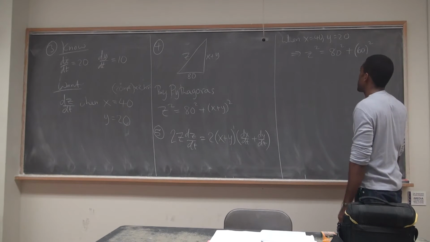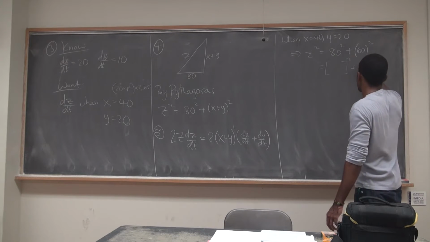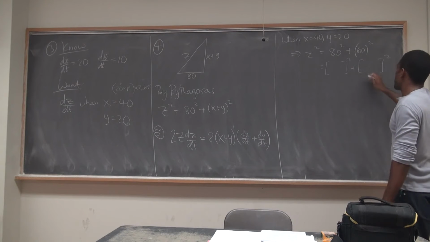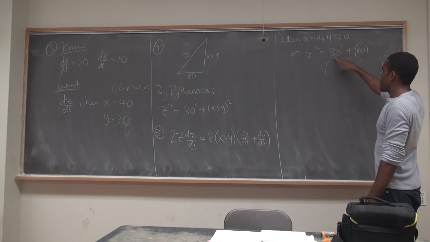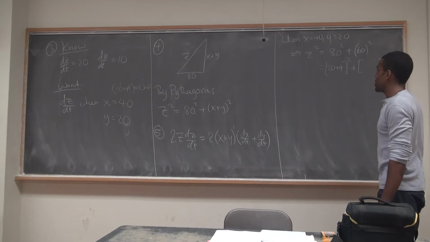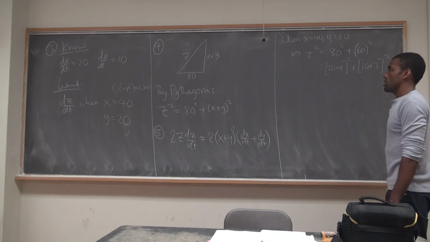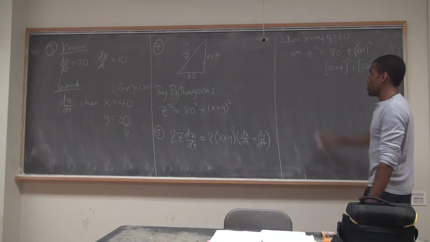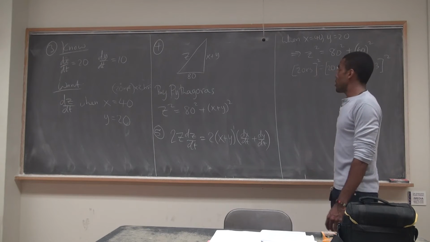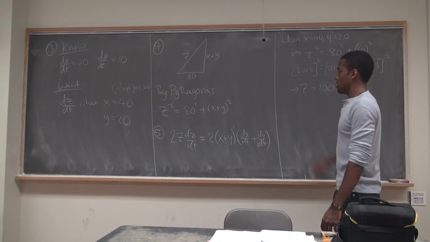One thing we can immediately notice here is that this is 20 times 4, and this is 20 times 3. It's a special triangle, which means that z must be 20 times 5. So z must be 100.